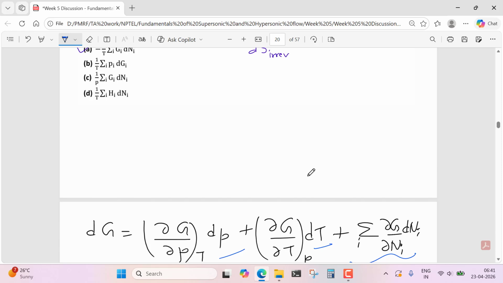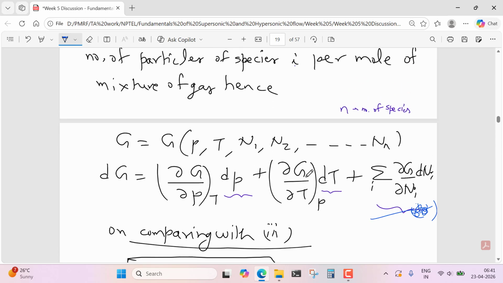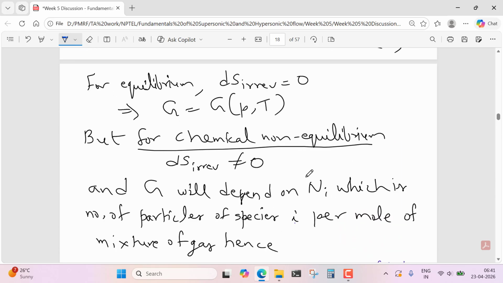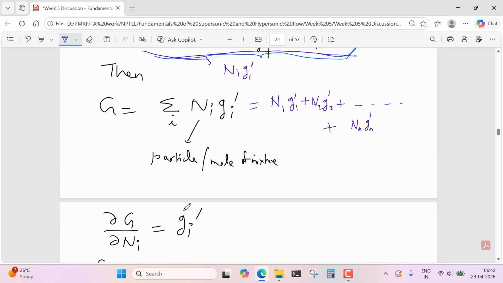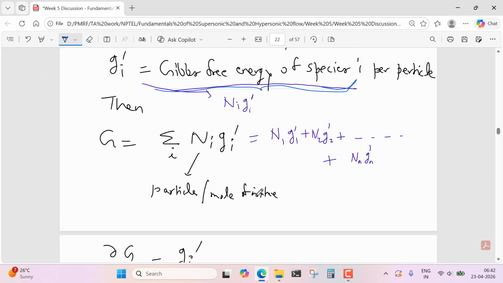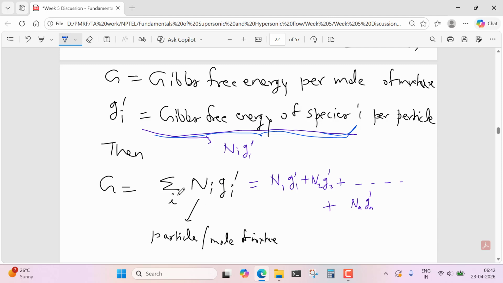And before this, what was the Ni? Ni was the number of particles of species i per mole of the mixture. So this is for per mole of the mixture. Now G equals sigma i Ni Gi dash.